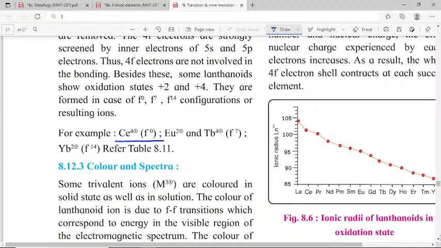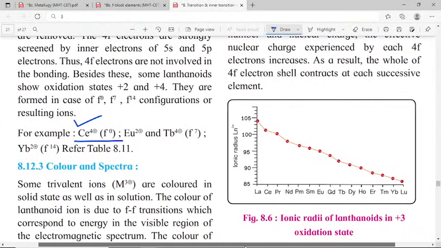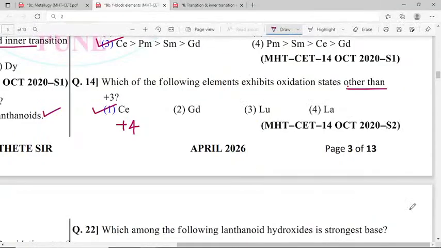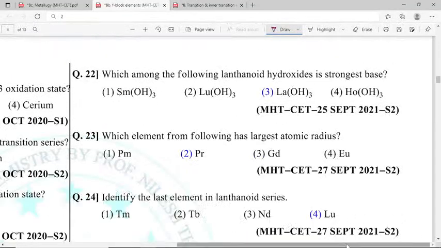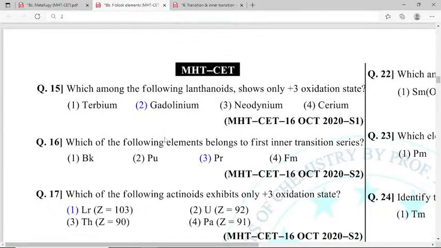Which among the following lanthanoids shows only the +3 oxidation state? Gadolinium shows only +3. Terbium shows +4, cerium also +4, neodymium also +4.